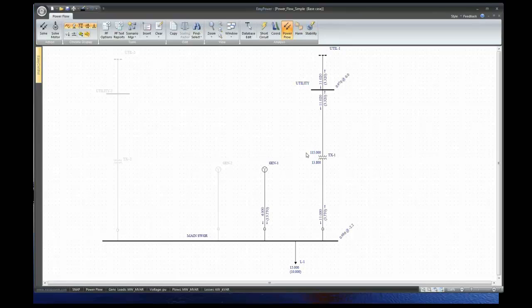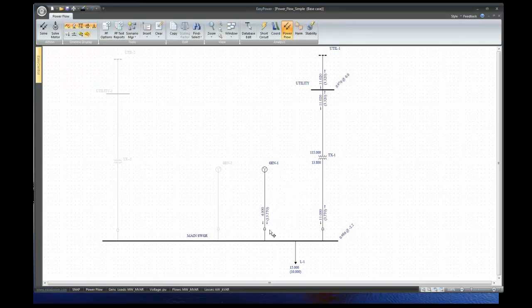Less the VAR loss in the transformer, I've got about 3.3 megavars going back into the utility system, which they probably don't really mind too much for the most part if it's a peak load situation. But you might care because your generator really can't operate like this.